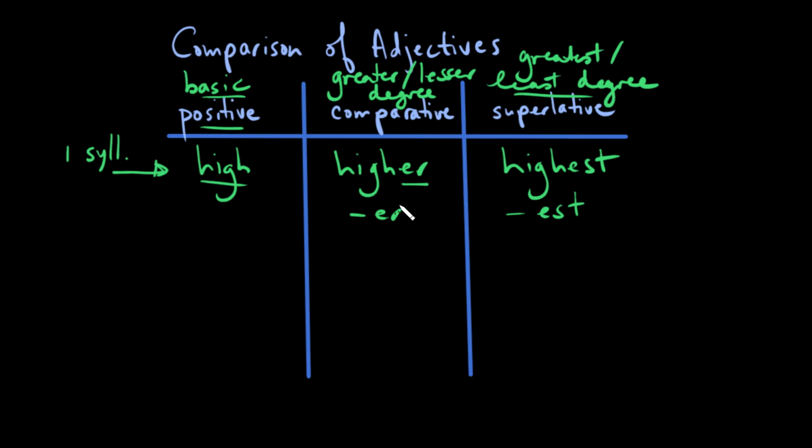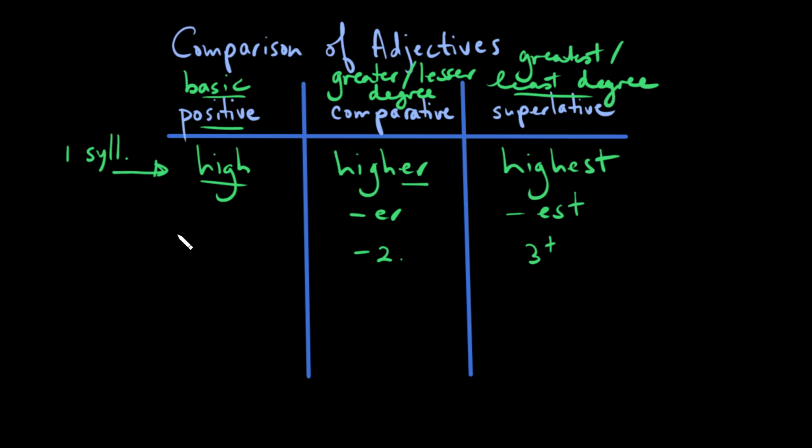The other thing to notice is that the comparative is used when we're comparing two things. So this is for two items, whereas the superlative is for 3+ items. And that's where the most common grammatical mistake happens when people are using adjectives.